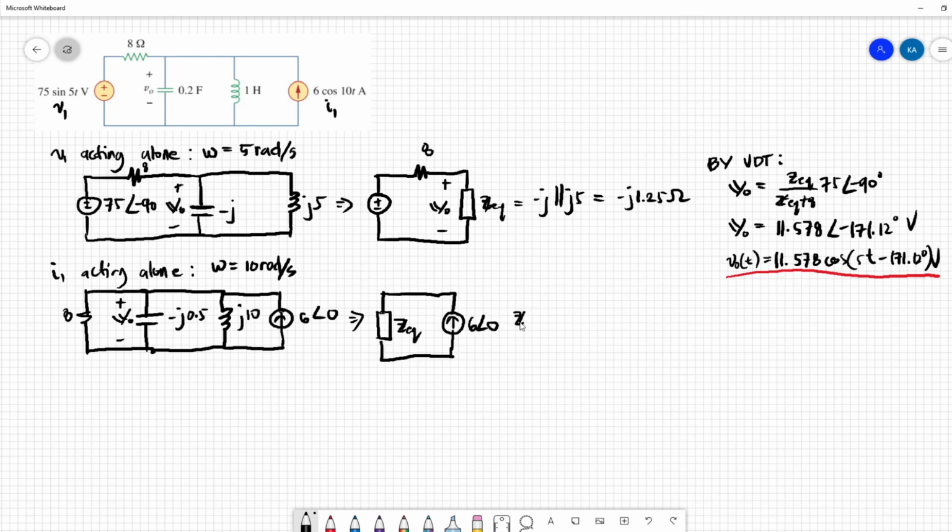Our ZEQ is equal to J10 parallel with negative J 0.5 parallel with 8, which is equal to 0.525 angle of negative 86.34.